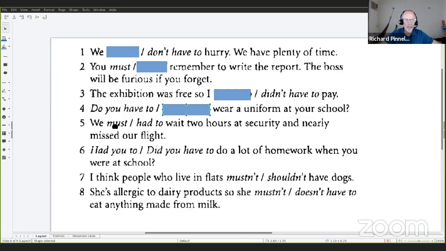Number 5, we must or we had to wait 2 hours at security and nearly missed our flight. Must. No, porque este es en el pasado y recuerdo en el pasado para obligación tenemos que usar had to. Have to. Yeah.